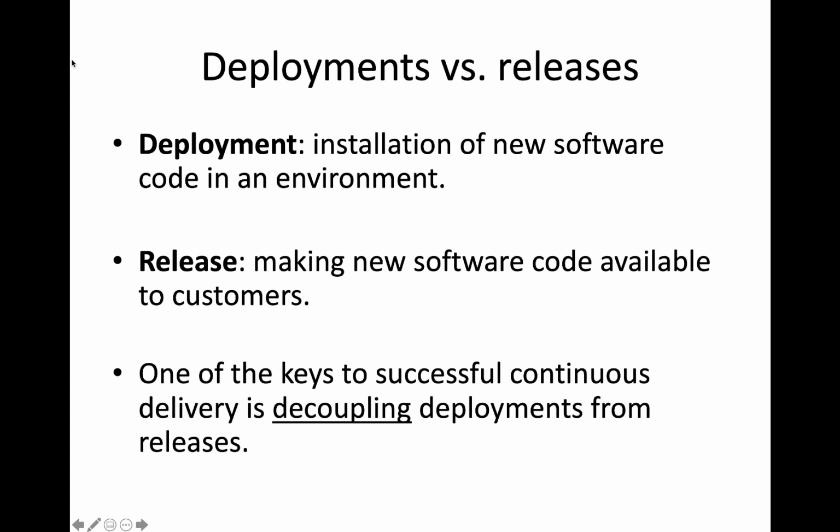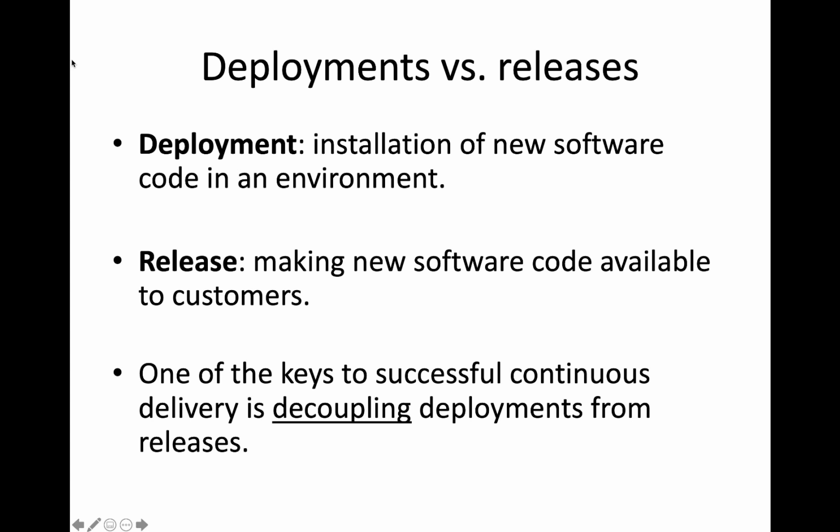When we deploy a new version of our software code into production, we are essentially installing that software code on the production system, in the production infrastructure. When I talk about releasing software code, that's the process of making the software code available to our customers.